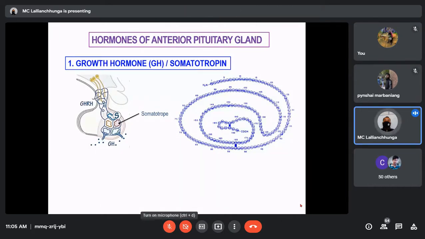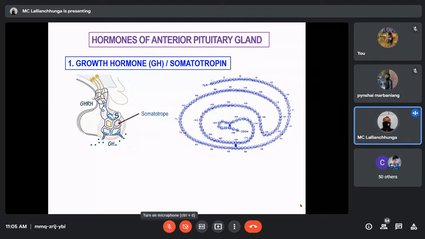Okay, today we'll start the hormones of anterior pituitary gland. In the last class we talked about the cells of the anterior pituitary gland, such as somatotropes, thyrotropes, lactotropes, gonadotropes, corticotropes. Those different types of cells are synthesizing and secreting different types of hormones.